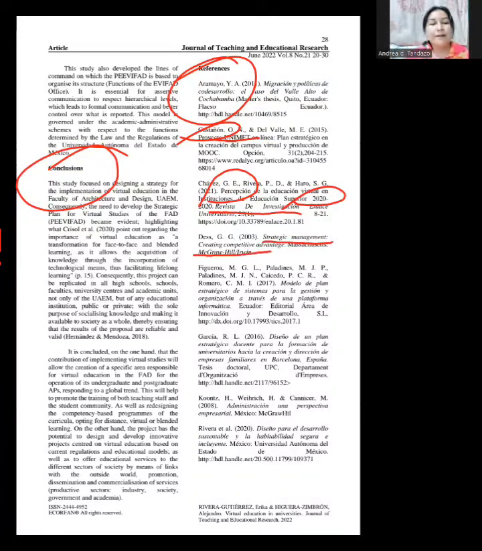And the volume of the journal, and this reference includes the link. This reference gives complete information for the investigators or researchers who want to find the information.